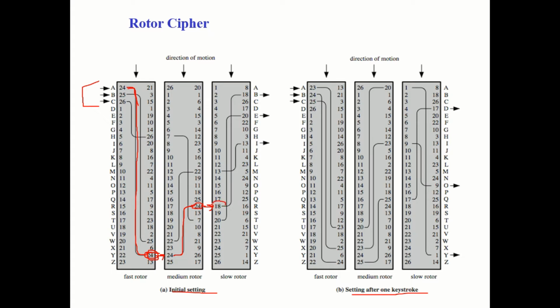So here this is 18, so we will be moving to the entry 18, right? So after this is the last cylinder, so here we will get the encrypted message. So here the encrypted message for A is what? This is B, right? So just like this we can encrypt this letter B, right?